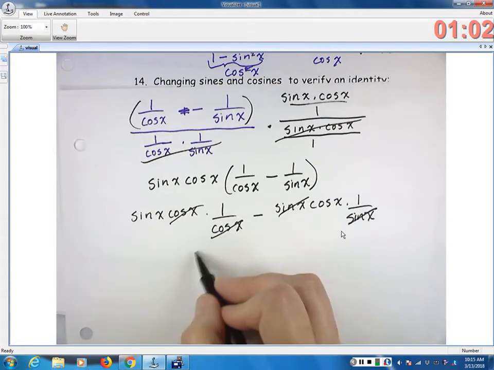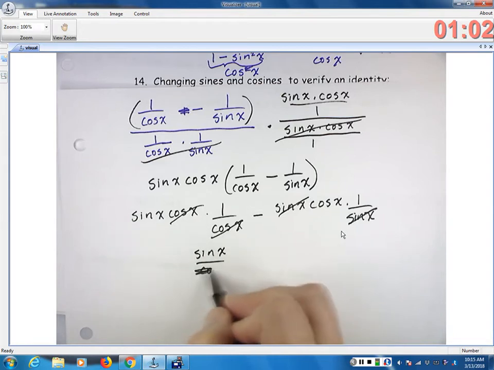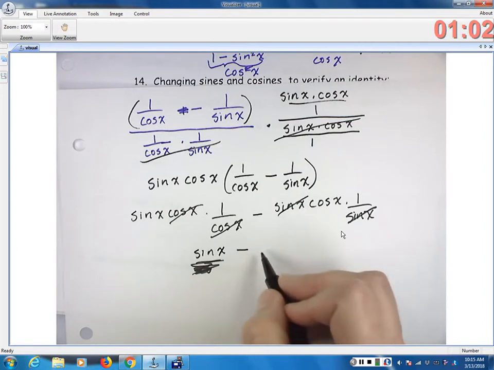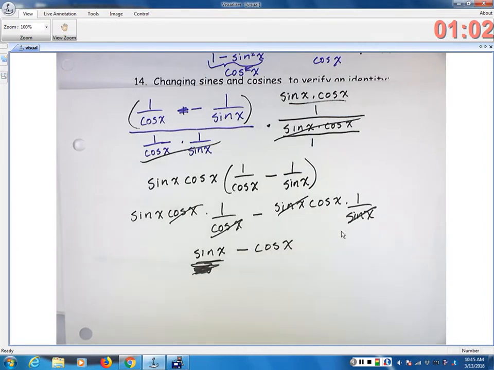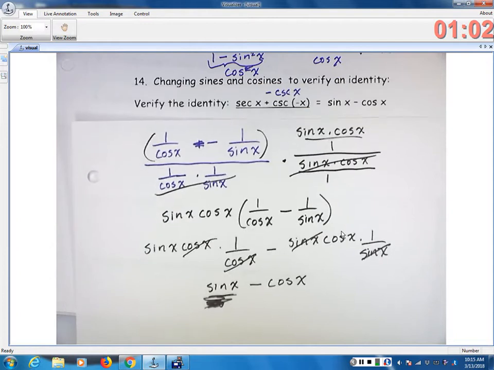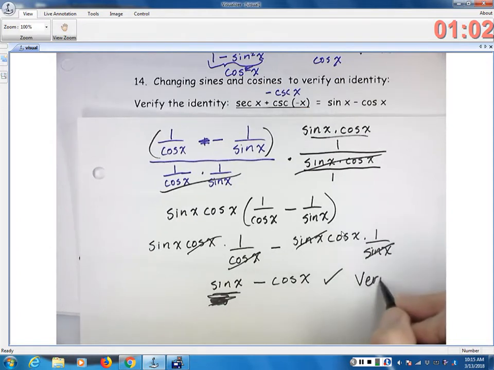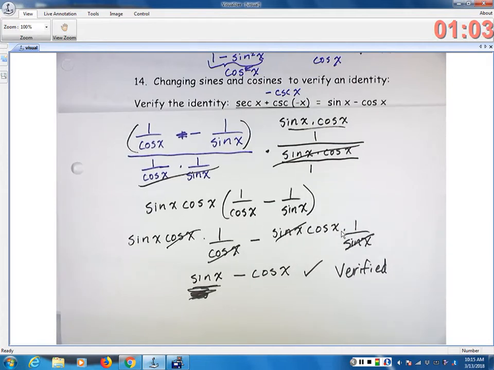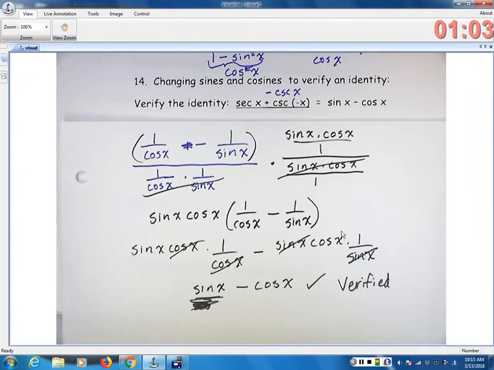And then you're left with sine x minus cosine x. Is that the right side? Yeah. So, verified. Write at least verified next to it once you get the left side equals the right side.